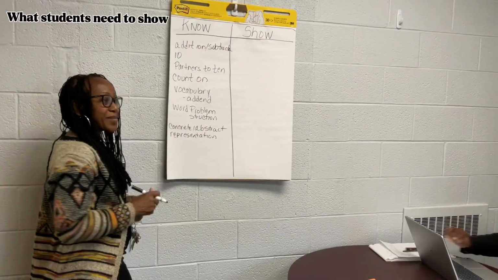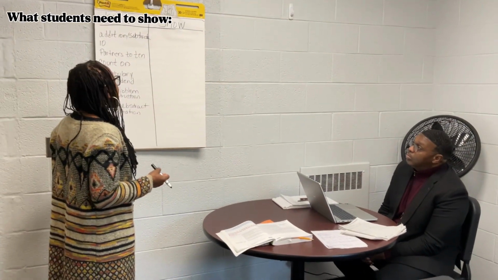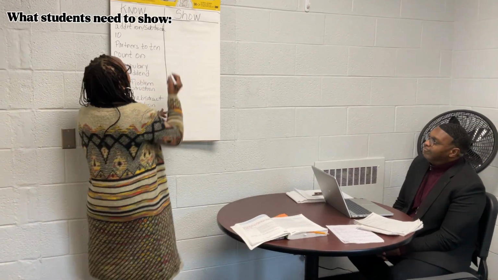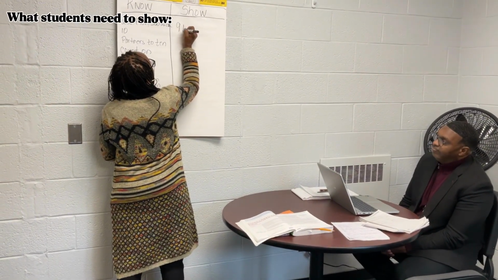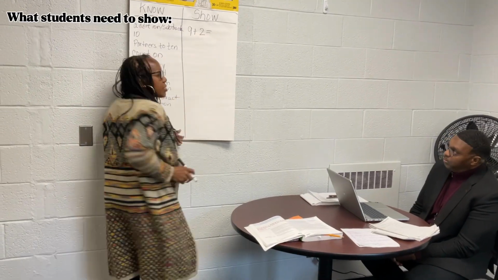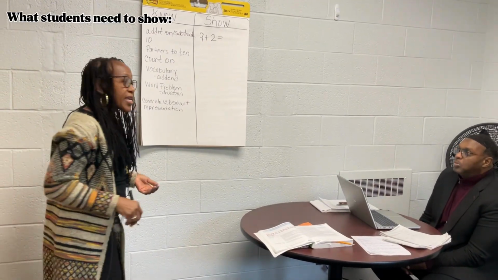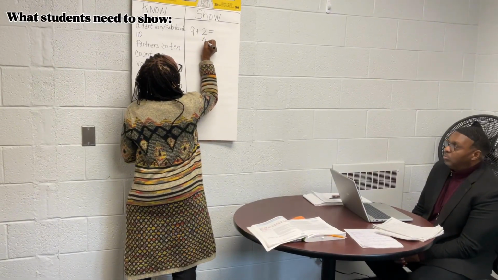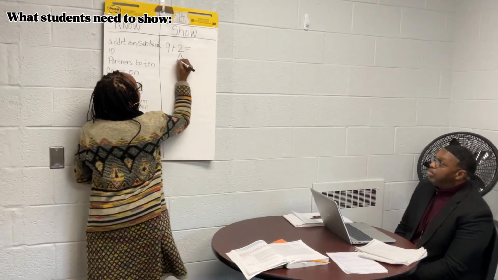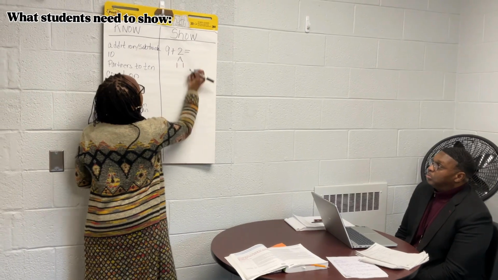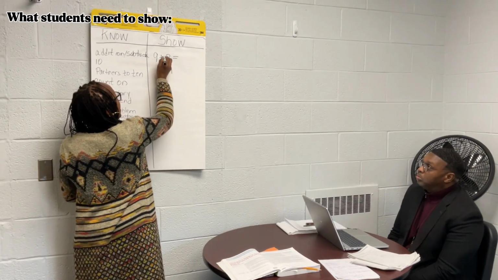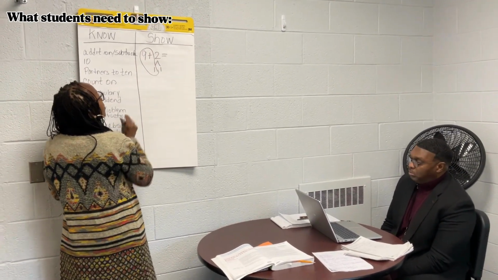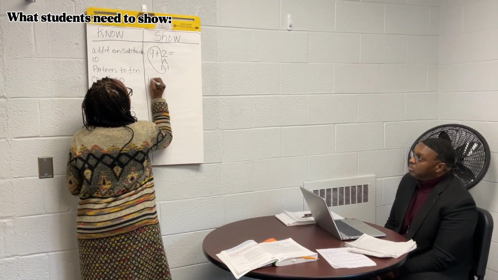Okay, great. So what do you think they need to be able to show towards mastery? For mastery in this particular concept, for example, if we had a problem like 9 plus 2, the students need to show that they understand how to make 10 by decomposing the second addend. For example, breaking down this 2 into 1 and 1, and showing that they take one of the ones from the number 2 to create a 10, to make a 10 plus number sentence.